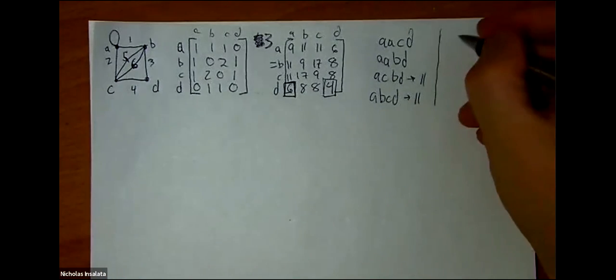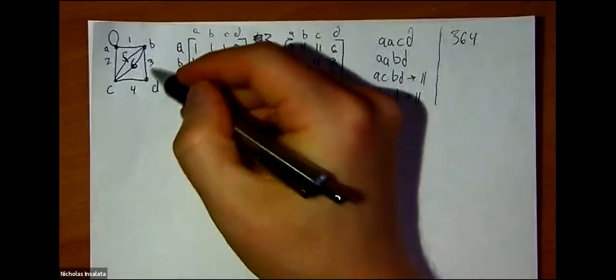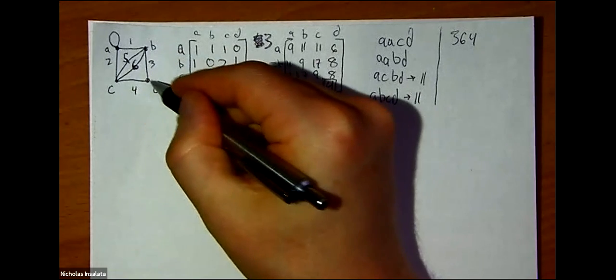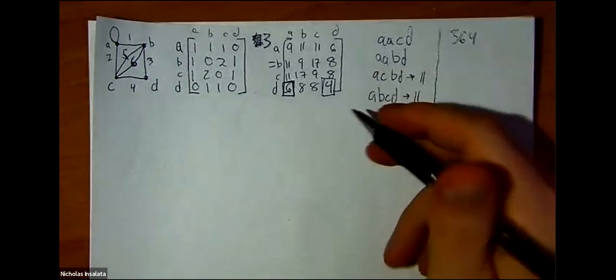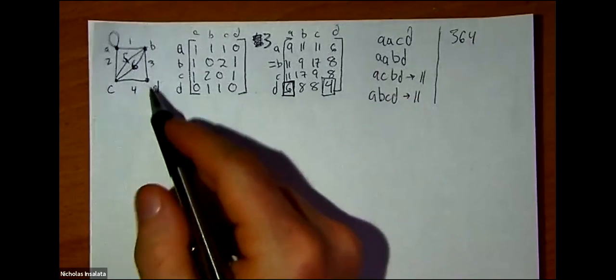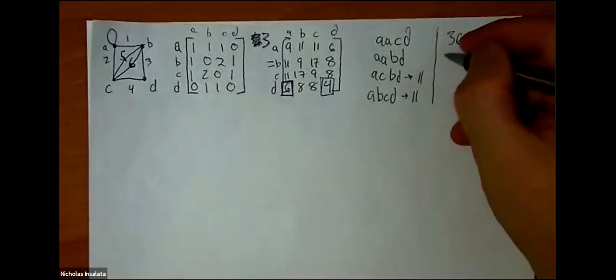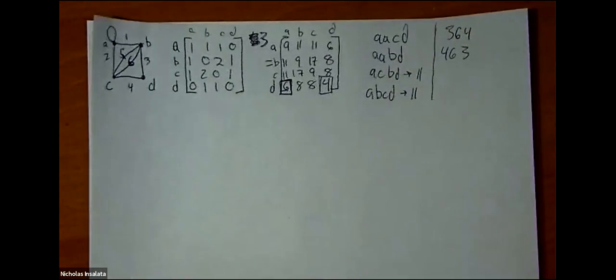Okay, 3, 6, 4. Right? So 3, 6, 4 brings me back to D. Okay. What else? 4, 6, 3. Great. 2 more.